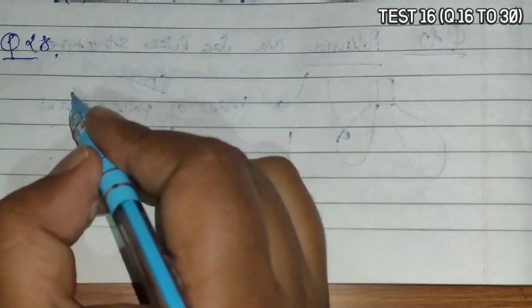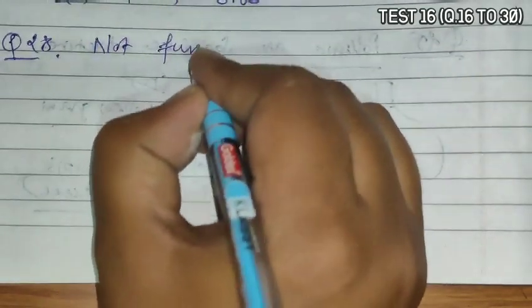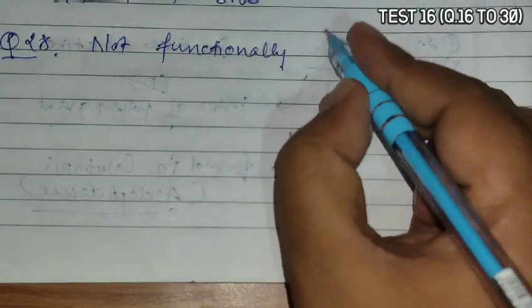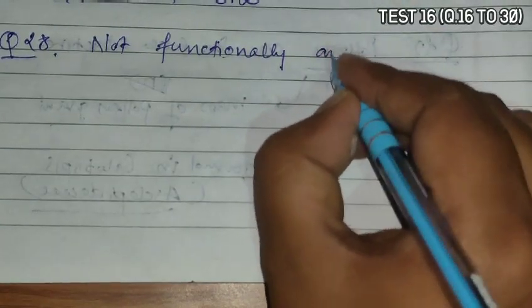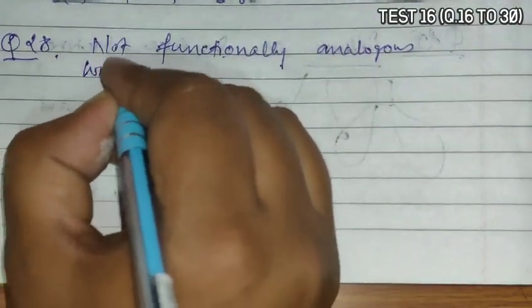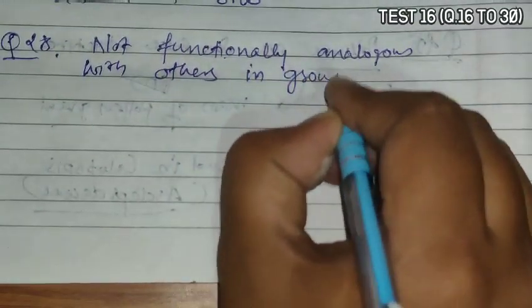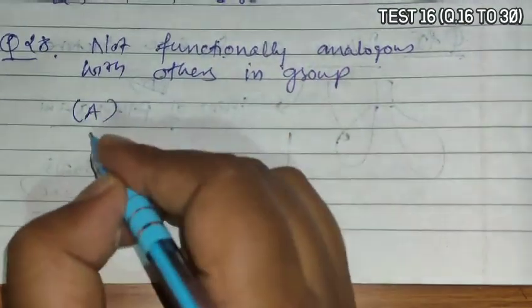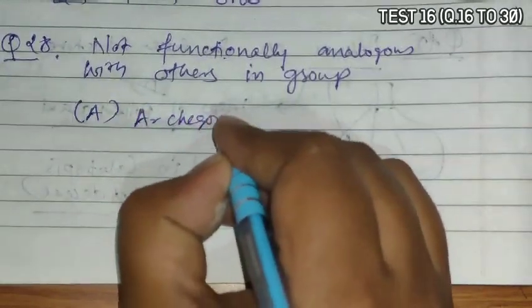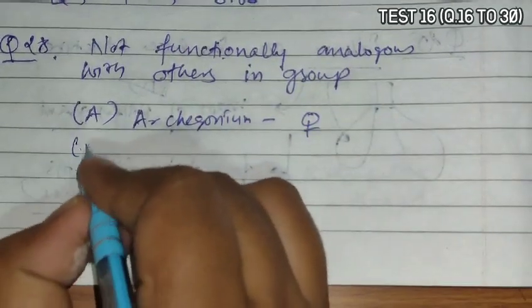Question 28. Which of the following is not functionally analogous with others in the group? Now for this, option A is given as archegonium, and archegonium is a female reproductive organ.